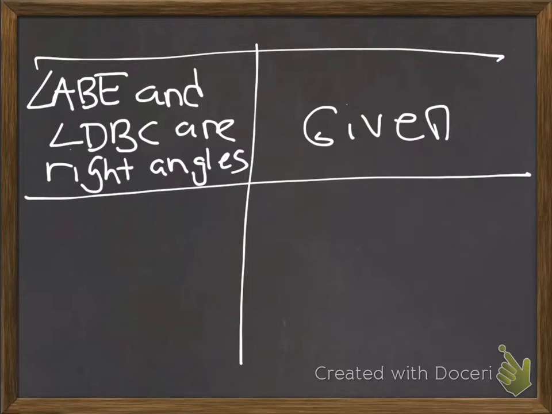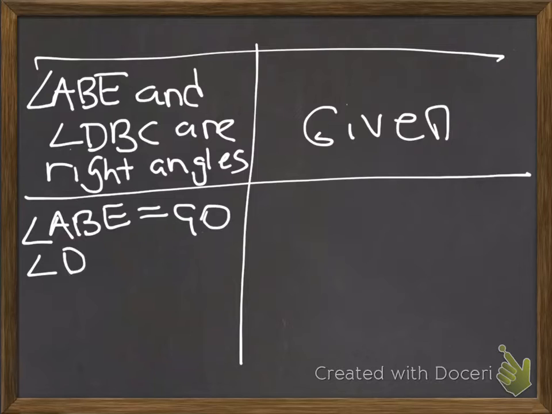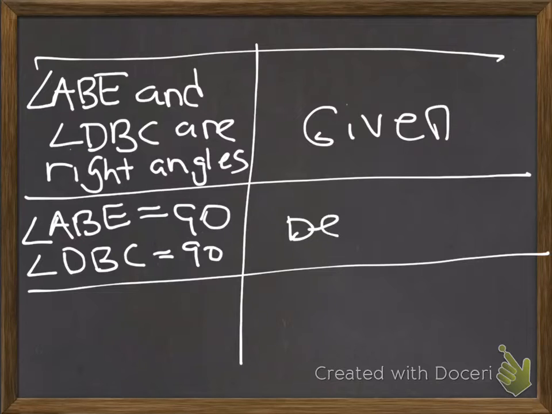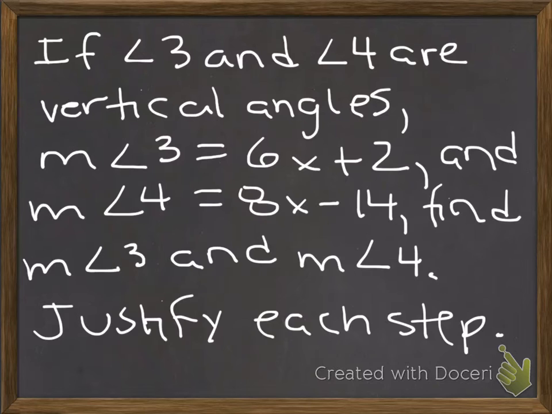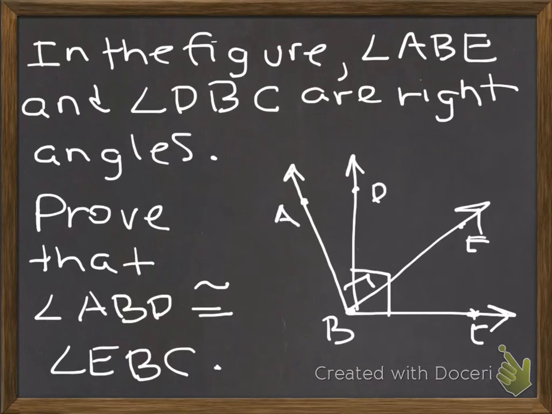And then if we know that a right angle equals 90, so we have numbers to work with, we write them out as equaling 90, and that's going to be the definition of a right angle. And by the picture, which is actually, I guess there is not a picture drawn.